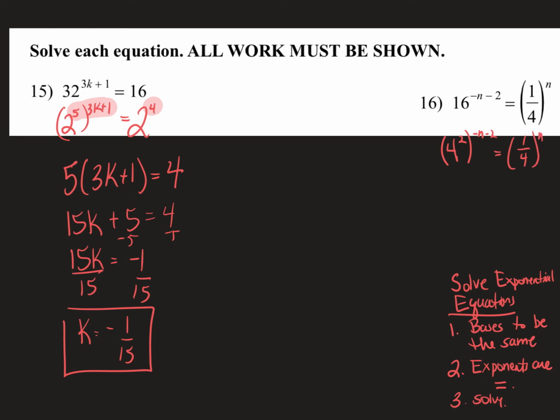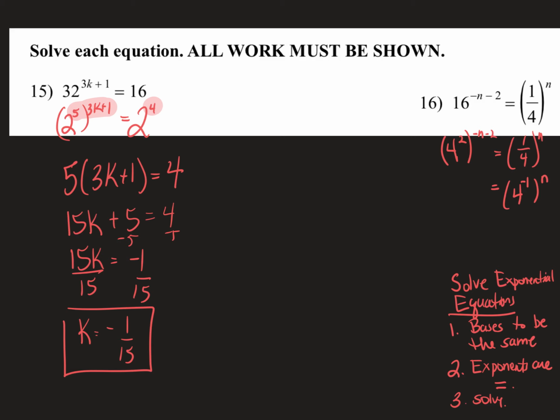Now, I cannot do step 2 yet. My exponents are not equal yet because my bases really aren't the same yet. I have 1/4. How can I rewrite 1/4 with a base of 4? Hopefully you remember those exponent rules: 4 to the negative 1 is 1/4.